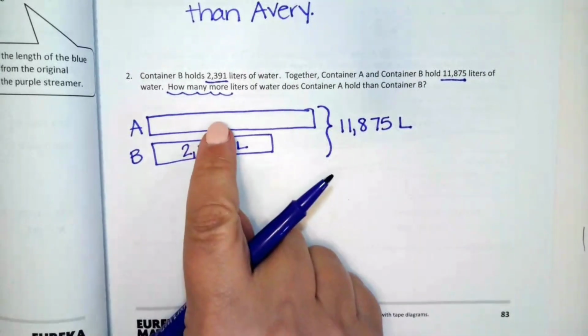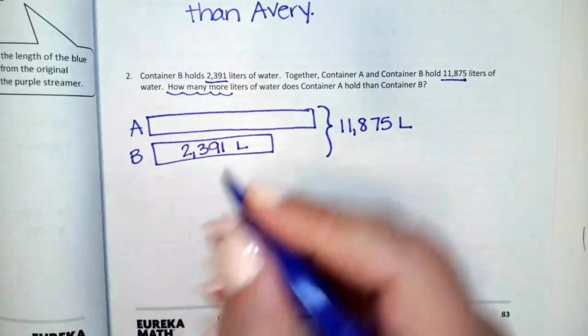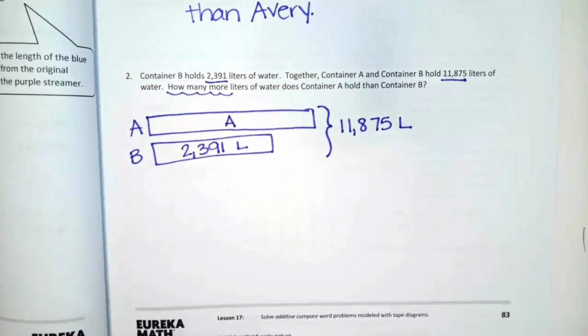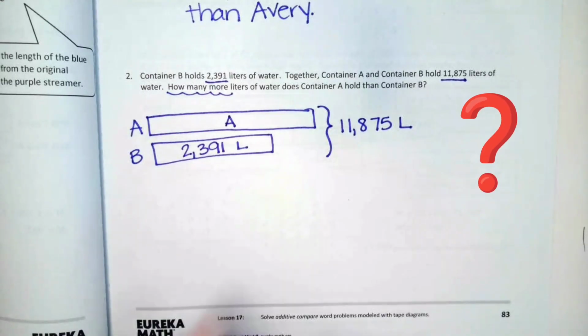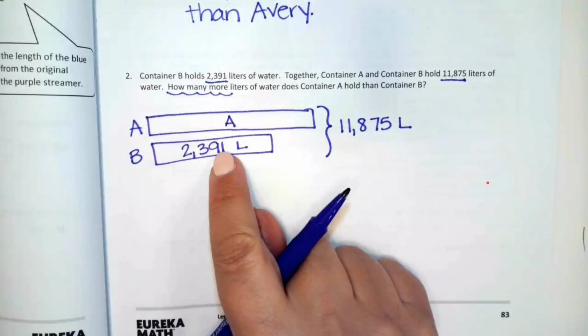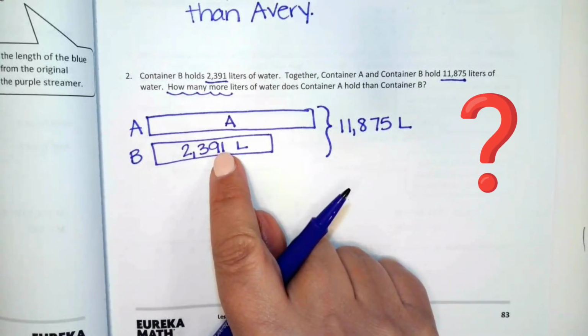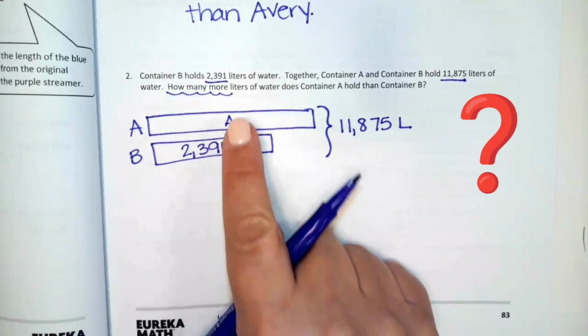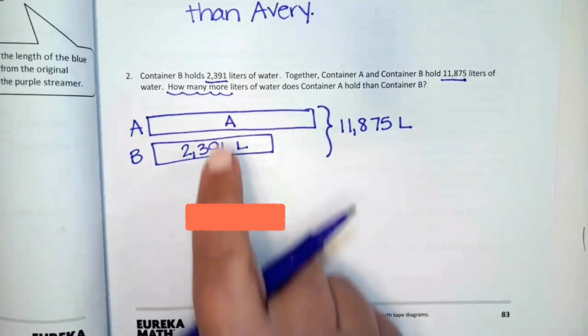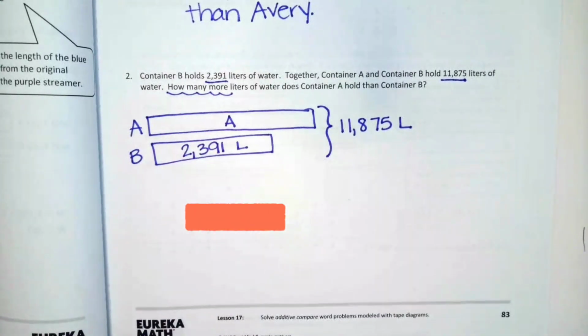So right now we need to find out how many liters for container A. What can we do to find out? If we know the total of both and we know how much can fit in B, what are we going to do? Add, subtract, multiply, or divide? We're going to subtract to find container A's water.